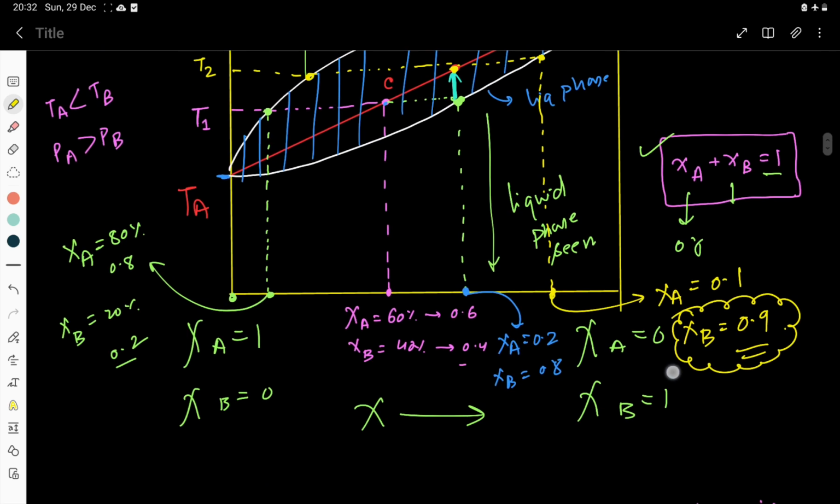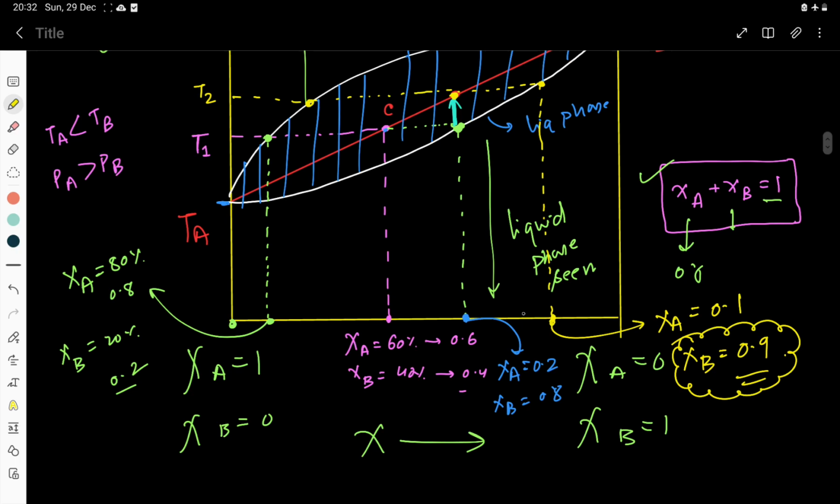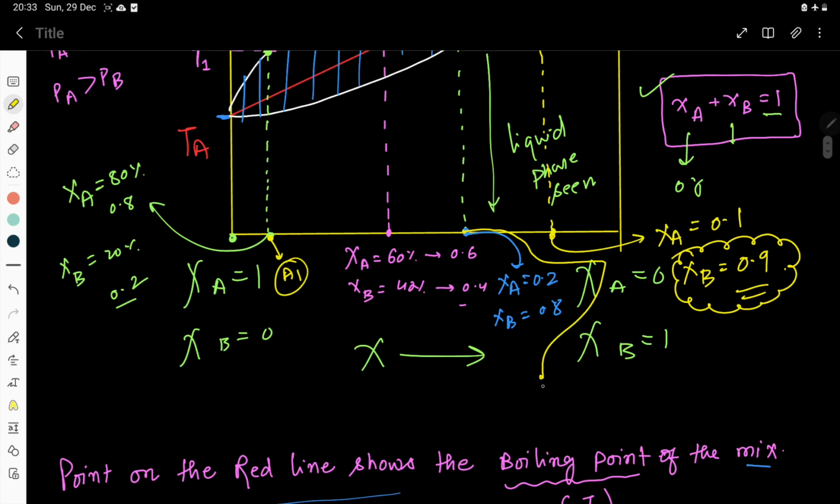So we can write this also. Let this point be A1 and this point A2.